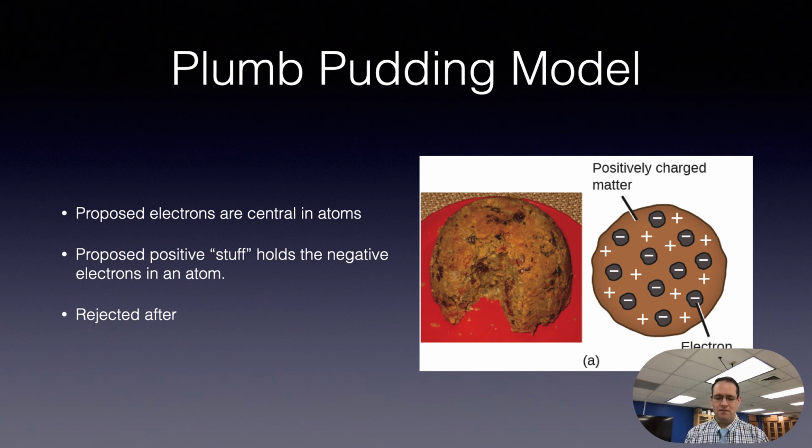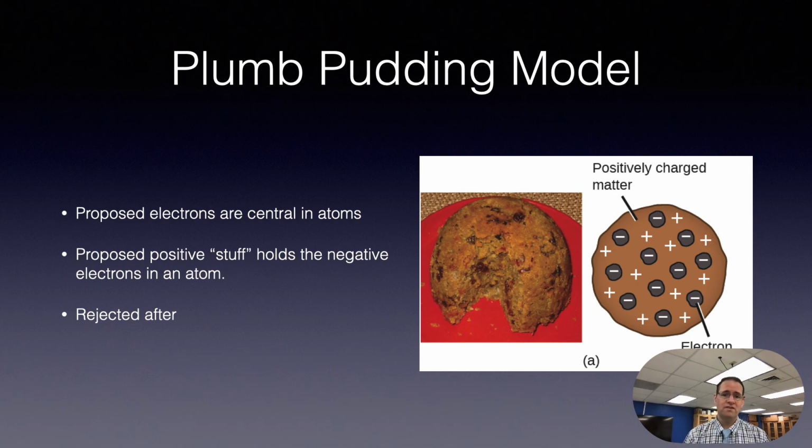You could think of this as a blueberry muffin or a chocolate chip cookie, for example. And so since he discovered the electrons, he thought that they might be central in the atom, okay? So he proposed that electrons are centrally located in the atom, dispersed and spread out a little bit. But the idea then is, well, what holds these negative charges into the atom is the dough, right?